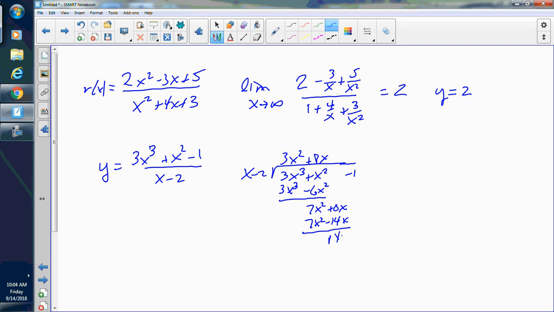Bring down the minus 1. Now we have a plus 14, so 14x minus 28, and that gives us 27.